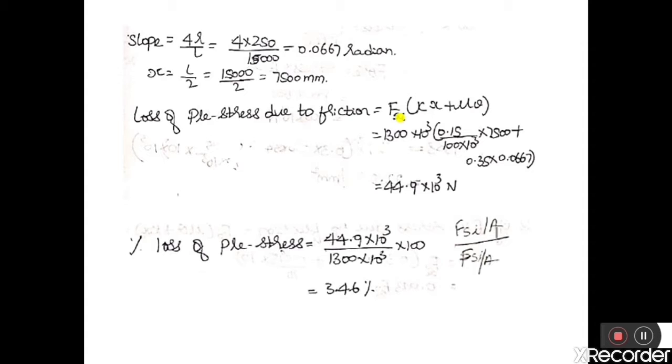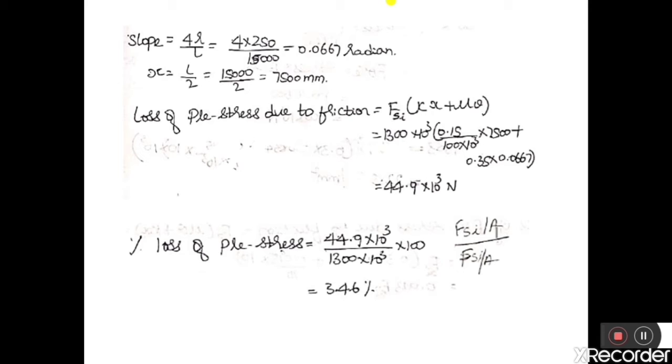They have given the initial prestressing force, that is 1300 kilonewton. And K is given, it is 0.15 per 100 meter. X we can calculate from the given condition. Mu is given and theta we should calculate from the given condition.